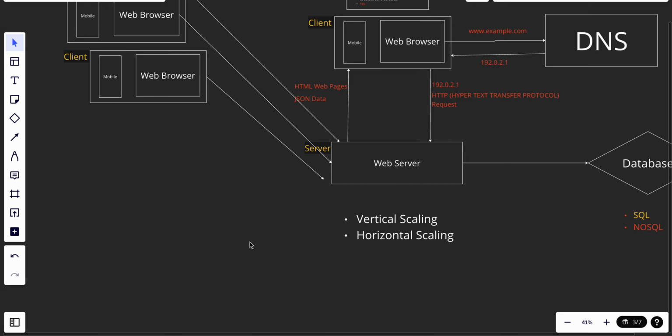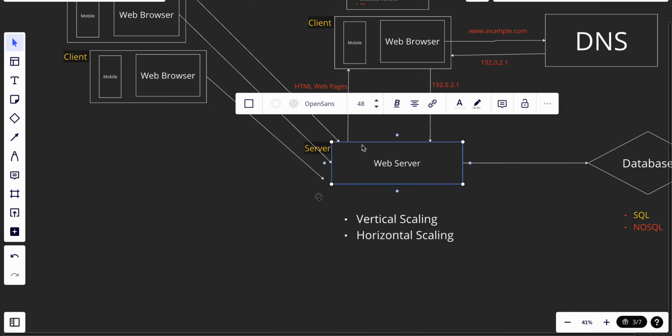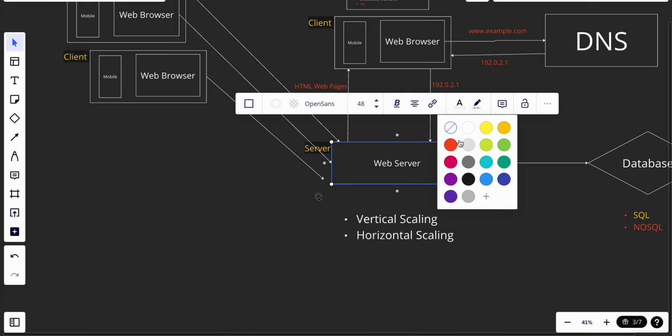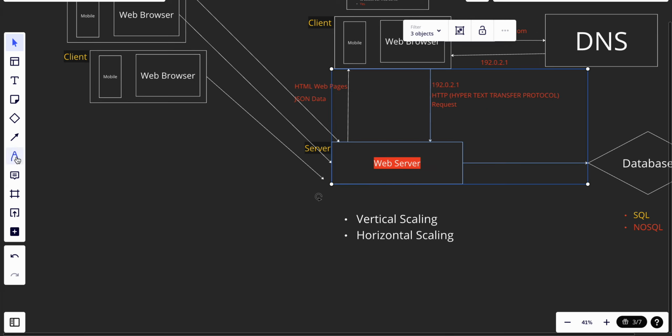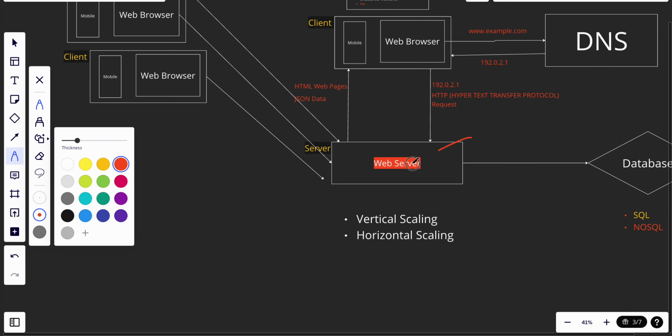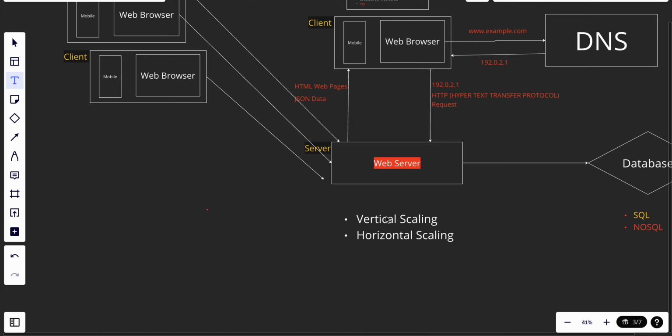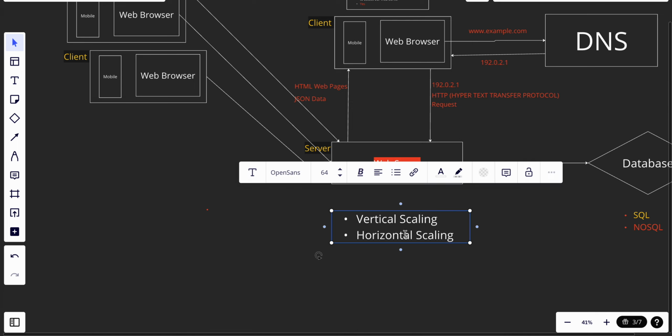If our web server for some reason has a problem or fails, the whole application is basically down, and we can't do anything about it. So this is vertical scaling.